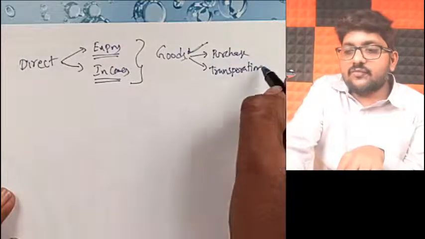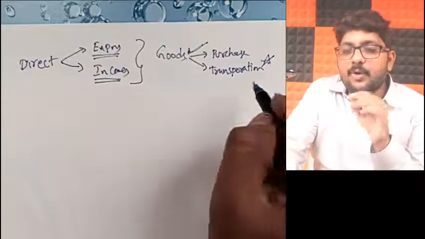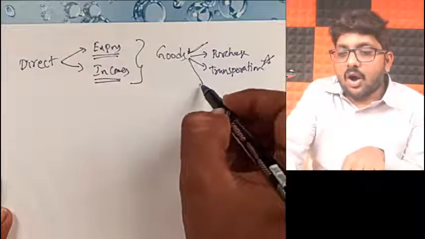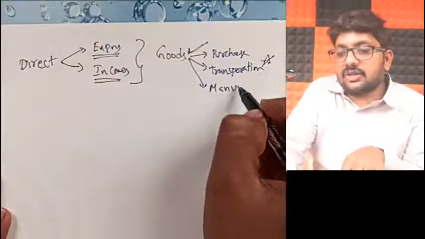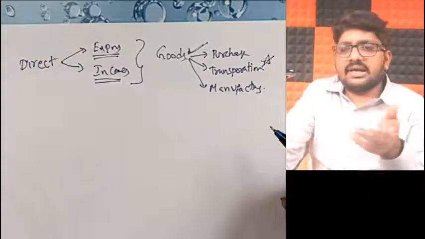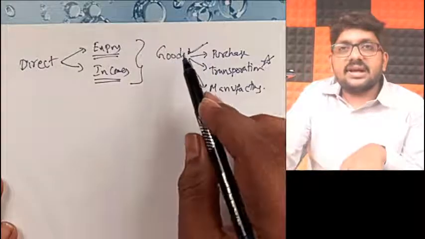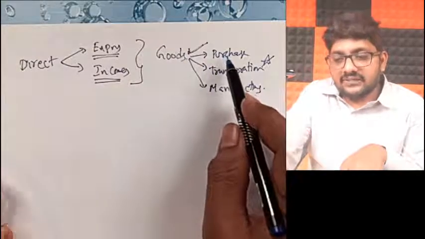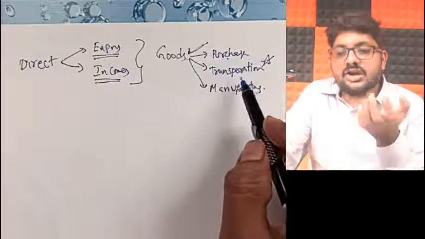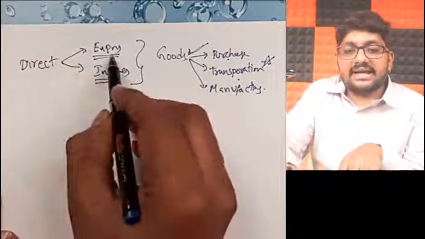For transportation of goods, I want to put a star mark, because there is a small point to discuss. Or it can relate to manufacturing of goods. Whether it relates to purchases, transportation or manufacturing of goods, we take it as direct expenses.